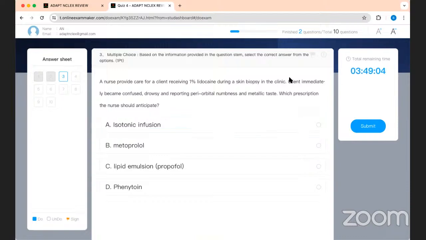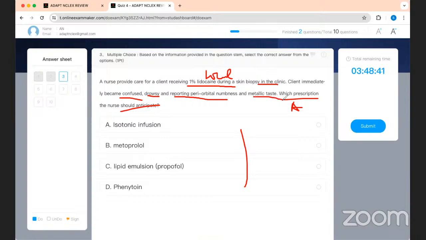Reading from the back. Which prescription should the nurse anticipate? That is what you are being asked to do. Pick a prescription here. What is the case? Patient was getting 1% lidocaine. It's a local anesthesia to do a biopsy. All of a sudden, you are confused, you're drowsy, reporting periorbital numbness and metallic taste.